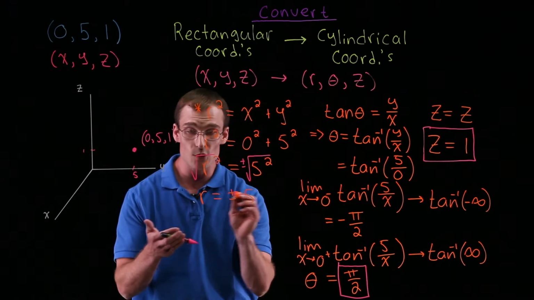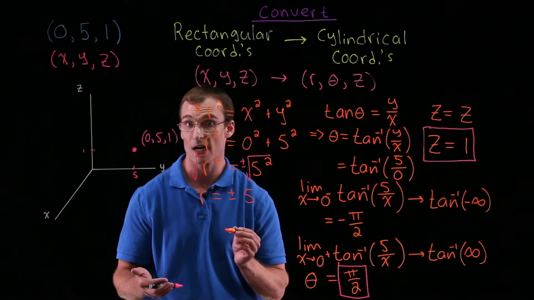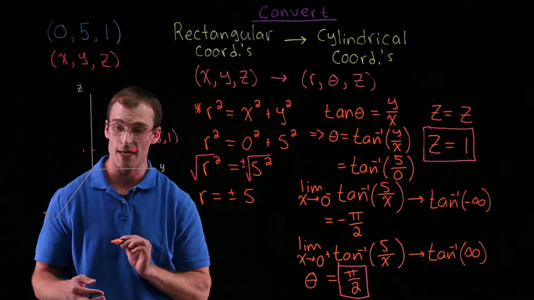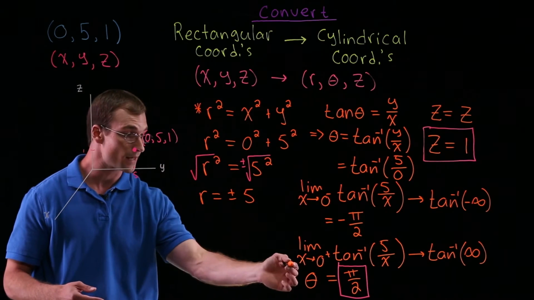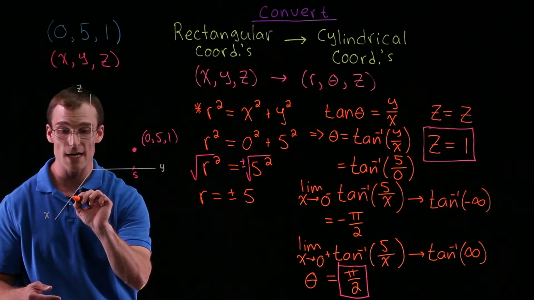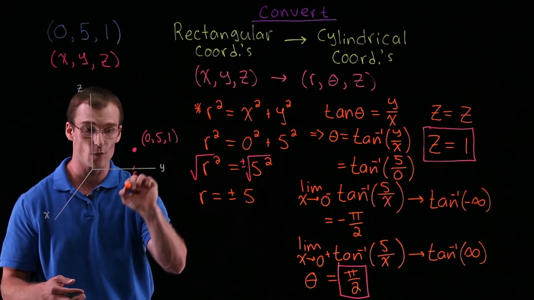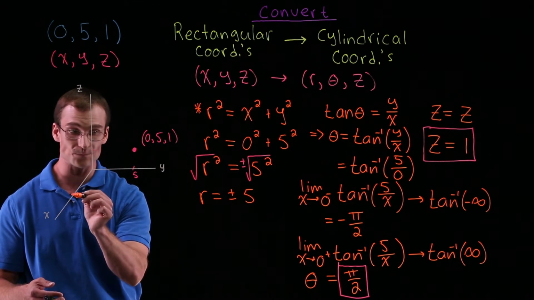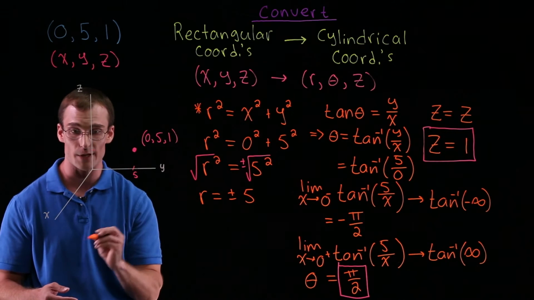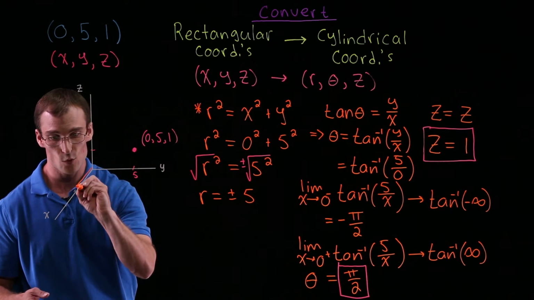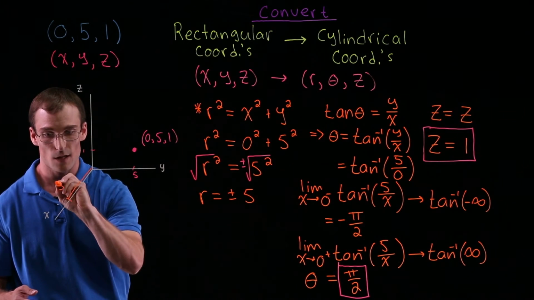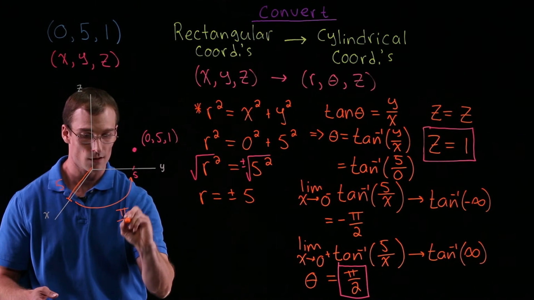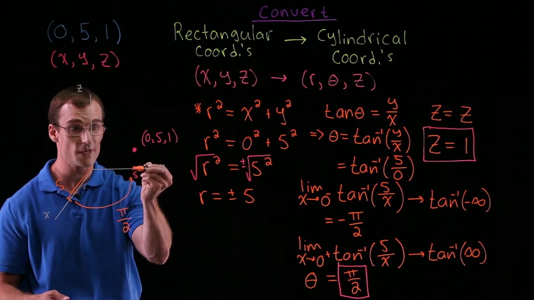Now coming back to r, we had two possible values of that. Which one are we going to take, positive or negative 5? Well, let's come back to our graph, and this is why I said this would come in handy. Theta is pi over 2. So from the x-axis, positive pi over 2 is going to be moving in this direction counterclockwise. Coming out from the origin to get to our point, or y value 5 over here, we're going to move out this way, positive 5, move our angle here, pi over 2, and then our z value up 1.